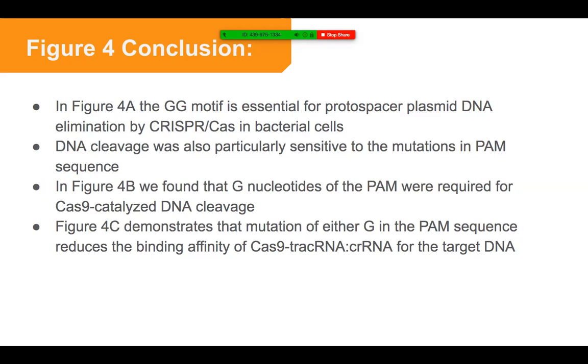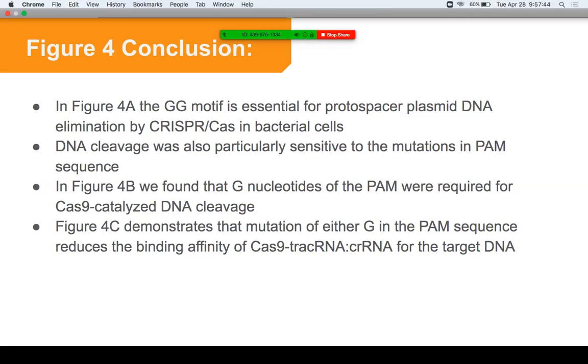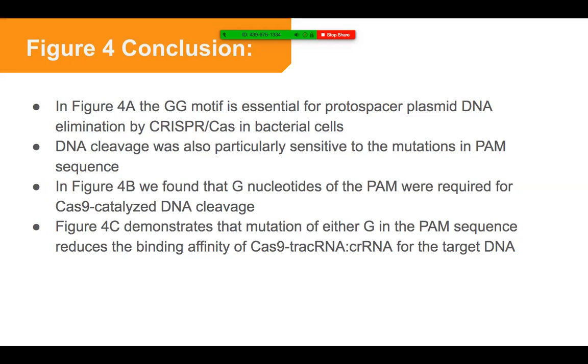I just wanted to say that this finding argues for specific recognition of the PAM sequence by Cas9 as a prerequisite for target DNA binding. And this also possibly allows for strand separation, for strand invasion, for R loop formation, which would be analogous to the PAM sequence recognition by that Cascade.